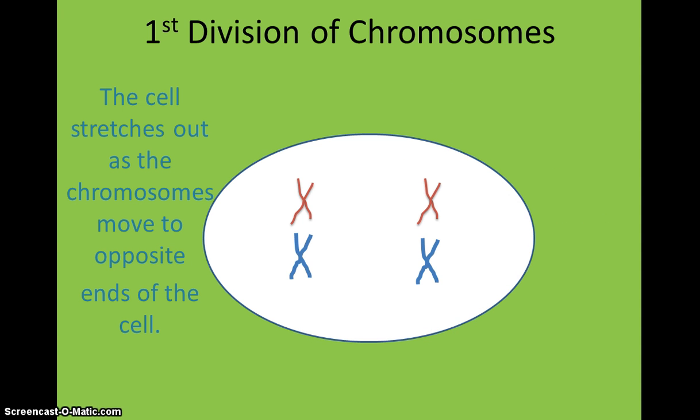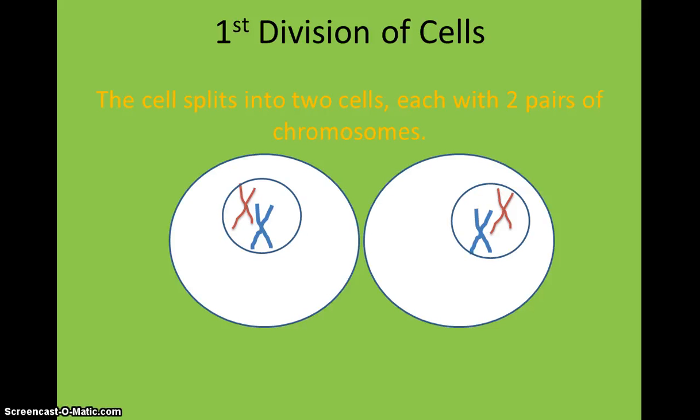The cell will then start to stretch out as the chromosomes are moving to opposite ends. Eventually, the cell will split into 2 cells, each with 2 pairs or 4 chromosomes each. So at this point, we are at the same number of chromosomes in each of these 2 cells as the original cell before it began to split.